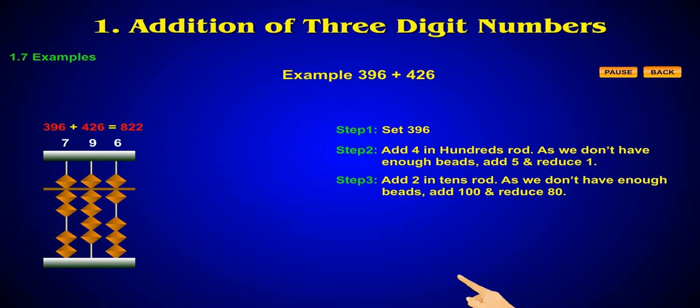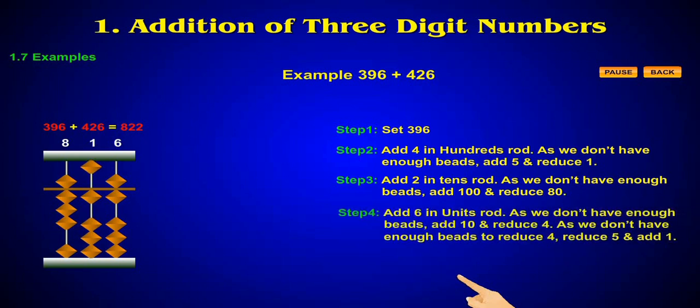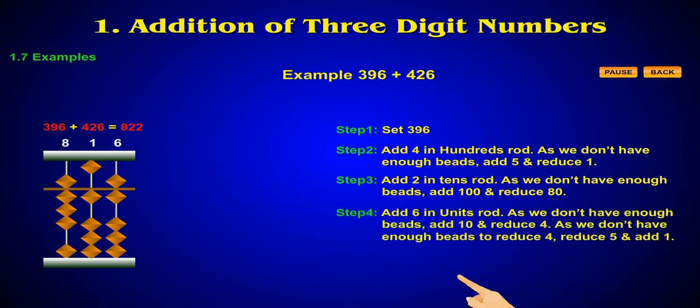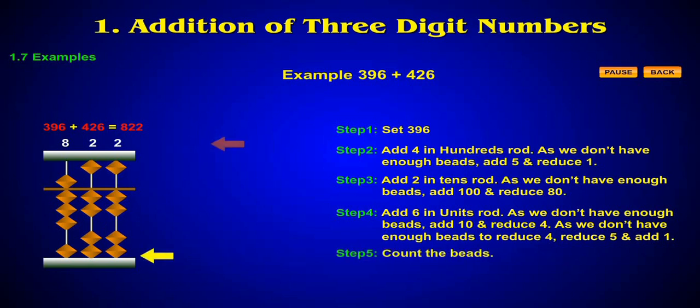As we don't have enough beads, add 100 and reduce 80. Step 4. Add 6 in units rod. As we don't have enough beads, add 10 and reduce 4. As we don't have enough beads to reduce 4, reduce 5 and add 1. Step 5. Count the beads.